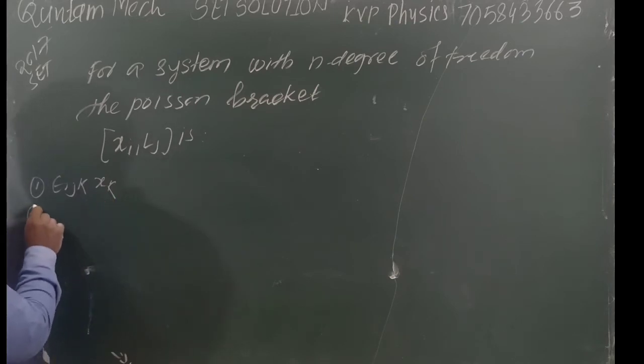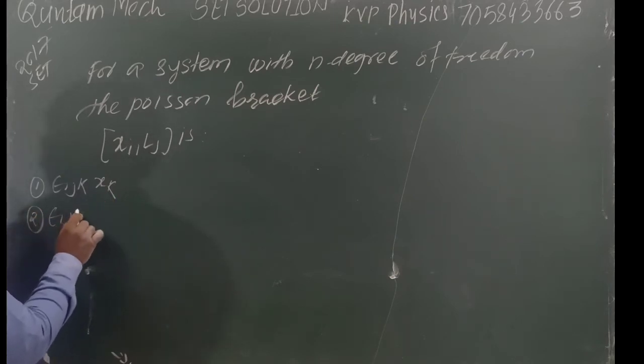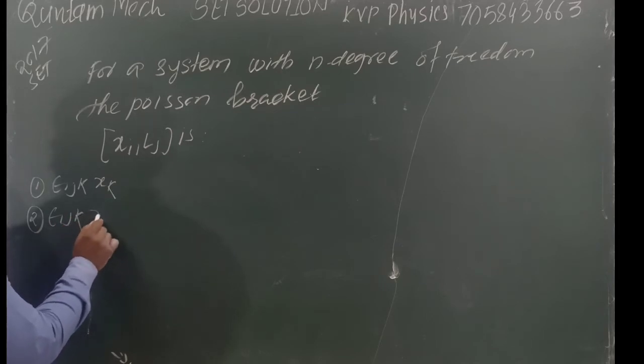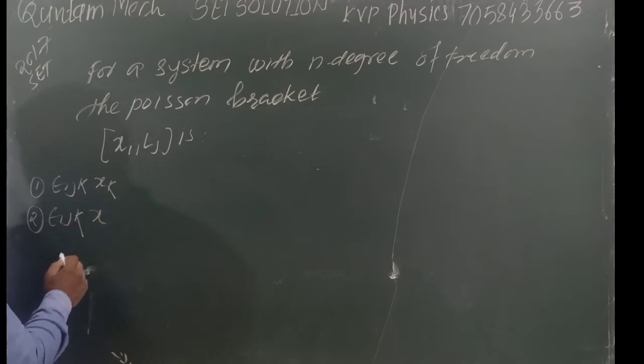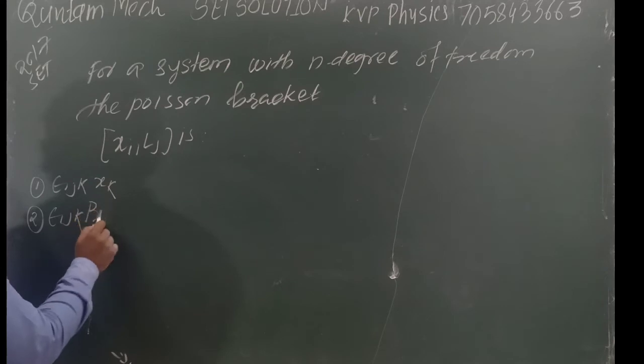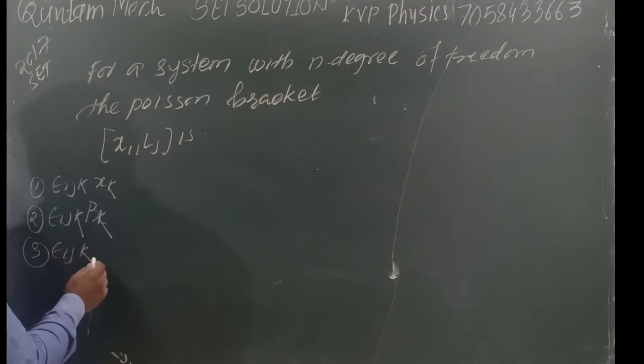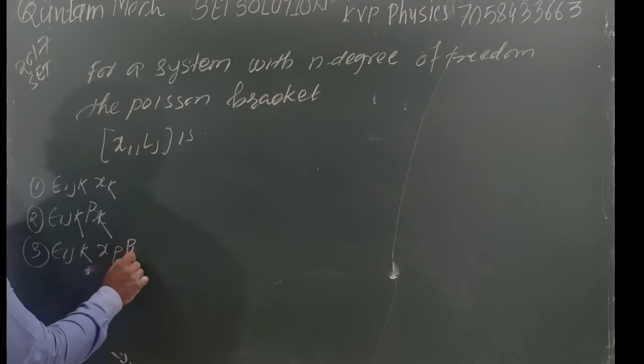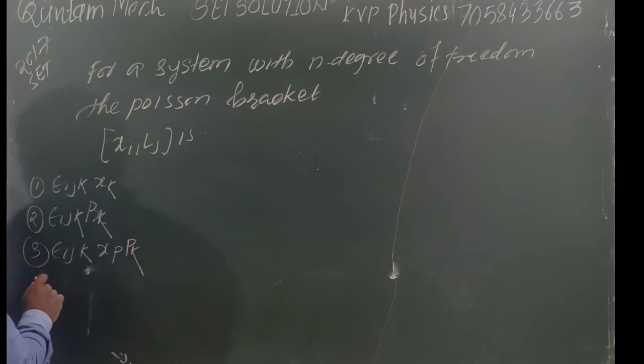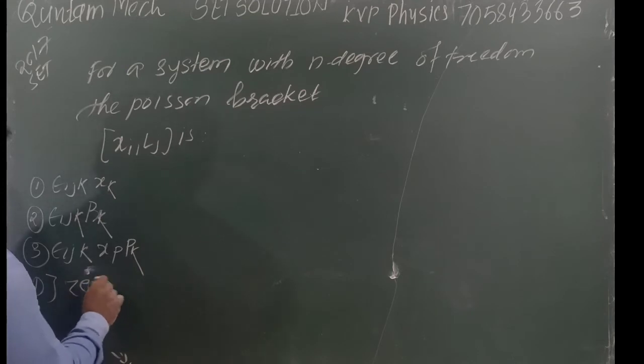Second option, epsilon ijk pk. Third one, epsilon ijk xk pk. And the fourth option is 0.